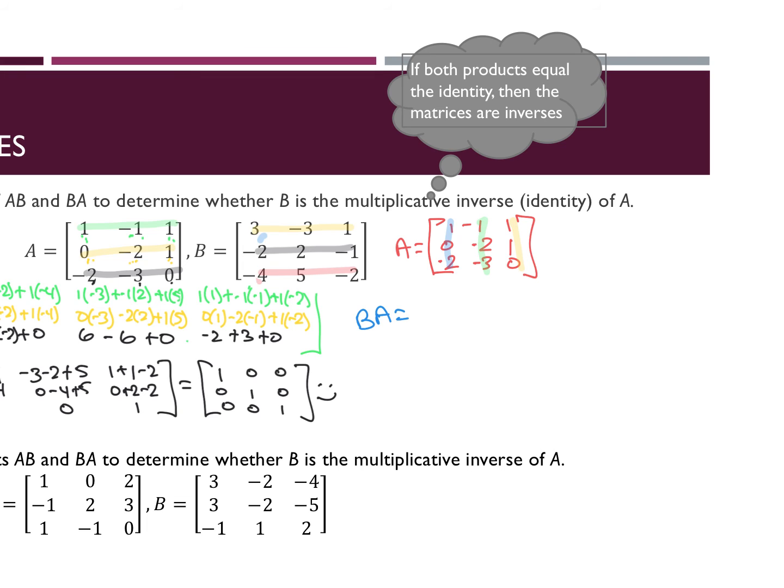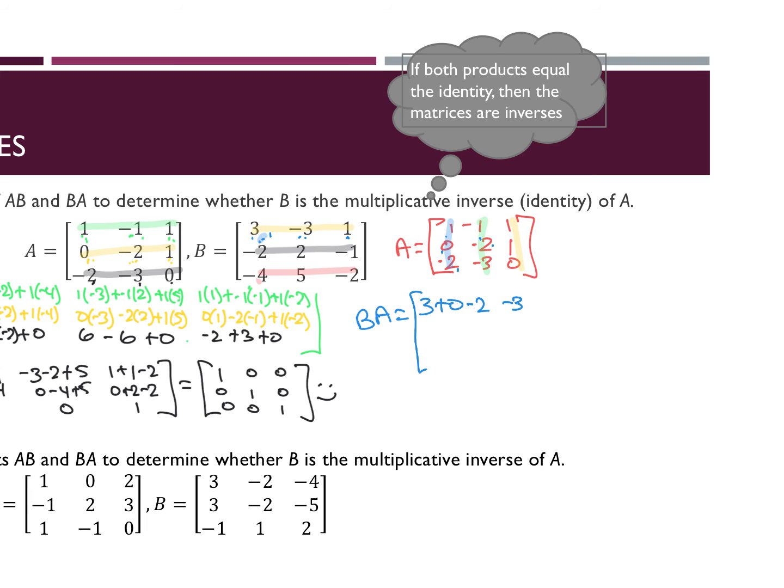We will start off with our yellow row into the blue column. So 3 times 1 is 3. Negative 3 times 0 is 0. 1 times negative 2 is negative 2. Yellow row into the green column. 3 times negative 1 is negative 3.